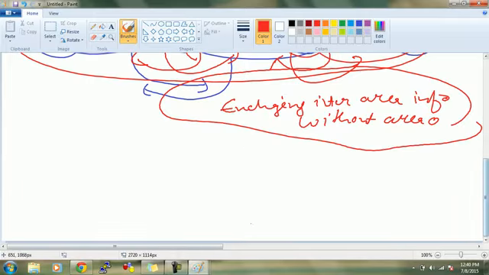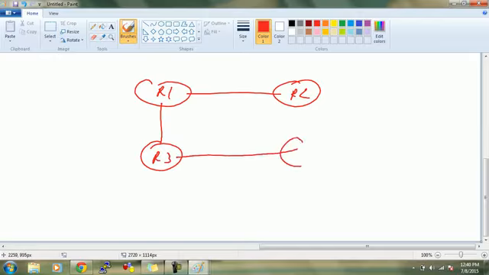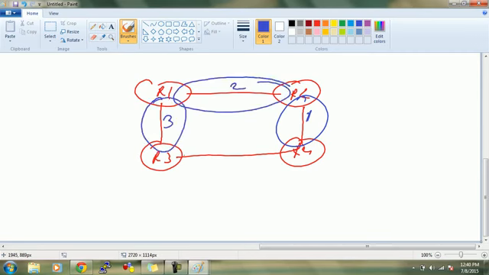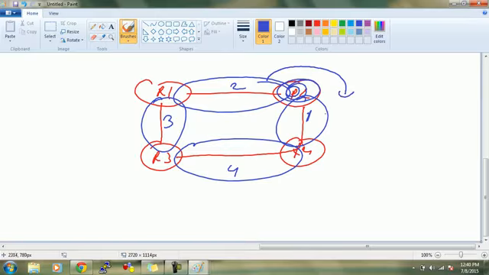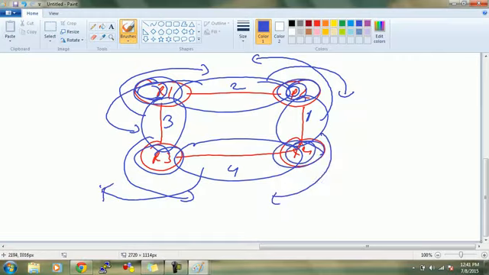But if I have a design like this: area 1, area 2, area 3, area 4. From this router's perspective, this router will give information of area 2 into area 1. This router will give 3 into 2, into 3, into 4, into 1, into 4.